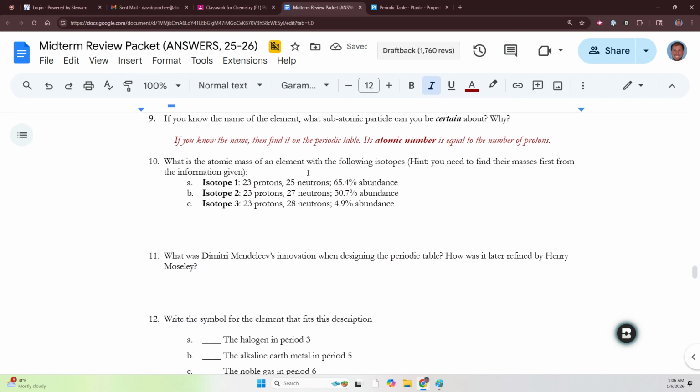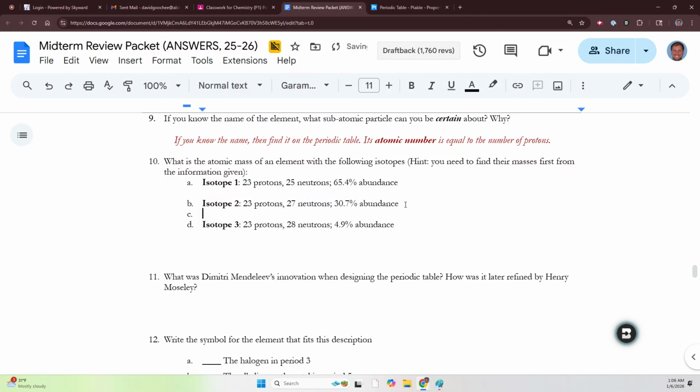We literally count elements up on the periodic table by their number of protons. Next up, what is the atomic mass of an element with the following isotopes, all right? Isotope 1 has 23 protons, 25 neutrons, and is 65.4% abundant. To find the atomic mass, the weighted average, you need the mass of all these isotopes times their percent.